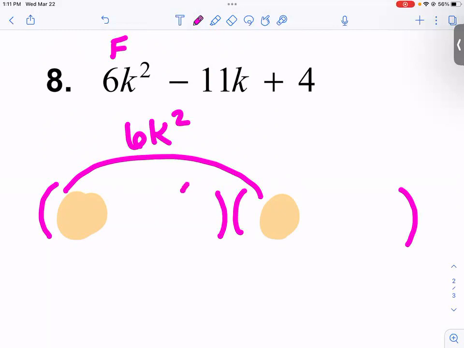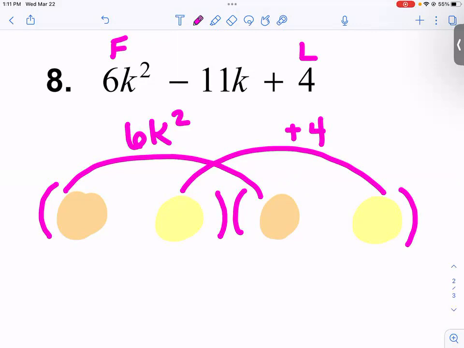We know that our last product is this guy right here. So whatever is right here and right here needs to multiply to be a positive 4.